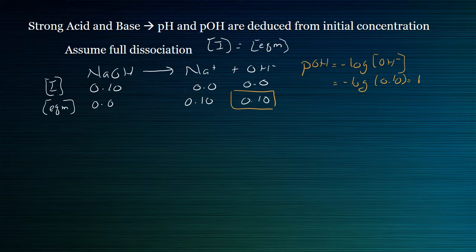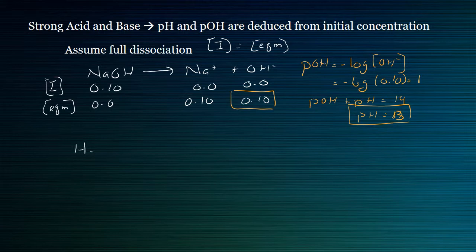Because that's what we can actually directly measure. We don't actually have pOH meters, we only have pH meters. So what would be the pH of the solution? Well, we know that pOH plus pH equals 14. So 14 minus 1, pH of 13. So we have a strongly basic solution.